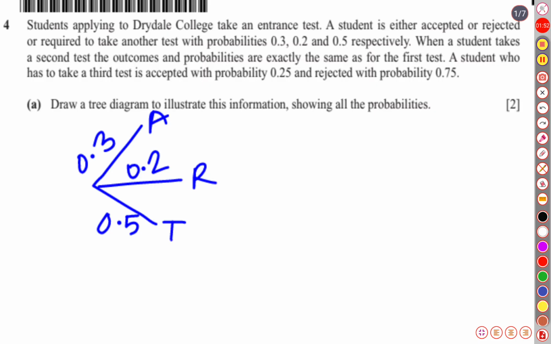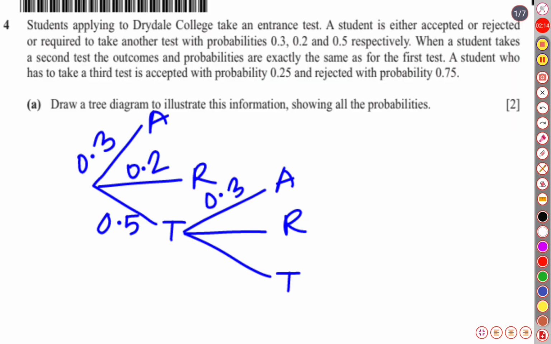When someone is supposed to take the next test, then again there are three possibilities which are exactly the same as the first test: either accepted or rejected or retest. So for acceptance the probability is 0.3, for rejection the probability is 0.2, and for retest the probability is 0.5.